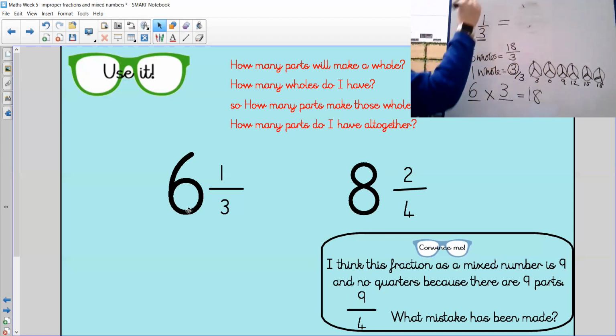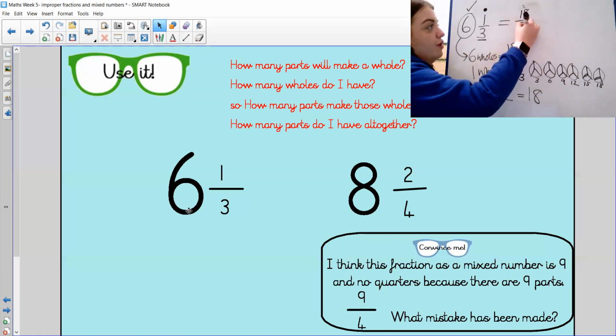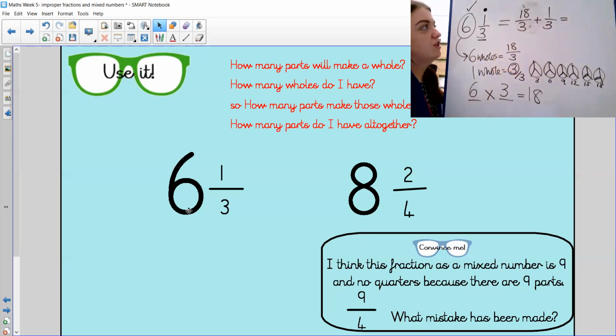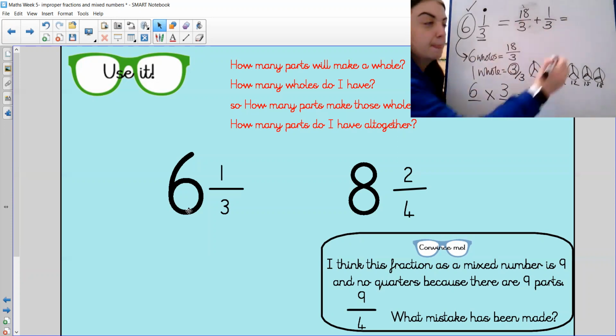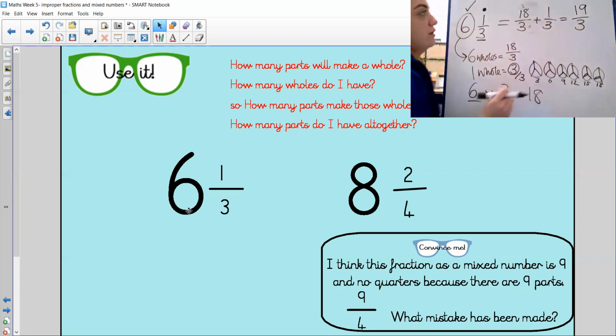It's a mixed number, so I've done my whole. What have I not added on? My extra one. So it's going to be 18 thirds plus 1/3, which gives me 19 thirds altogether, which is the improper fraction for 6 and 1/3.